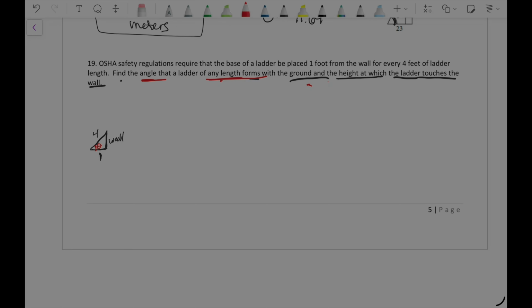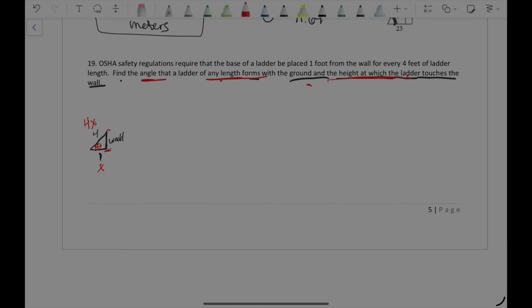Oh, and the height at which the ladder touches the wall. So I do need to know this. Okay. Well, let's do this. Suppose instead of 1, we'll call it x length for a 4x length ladder, right? That's a 1 to 4 ratio.